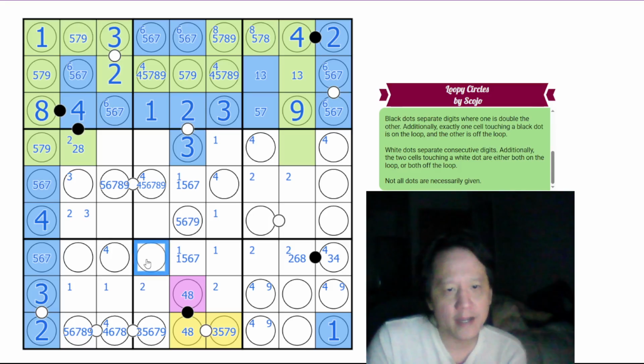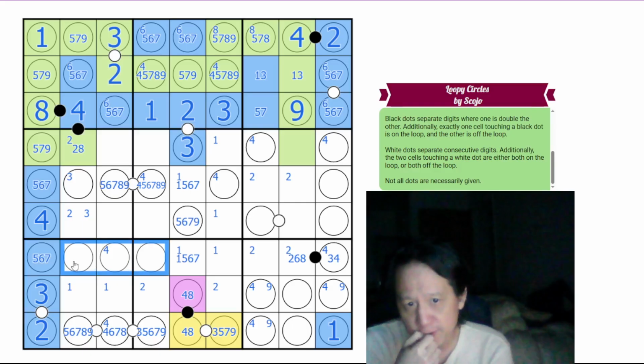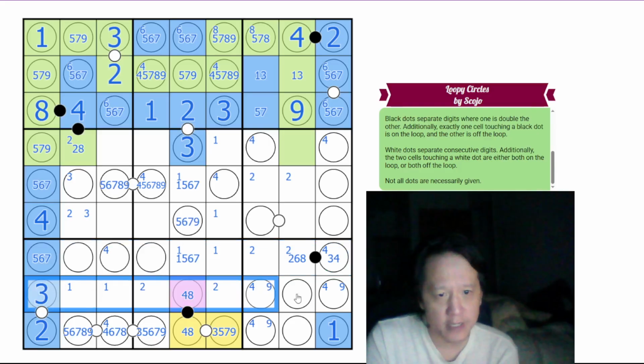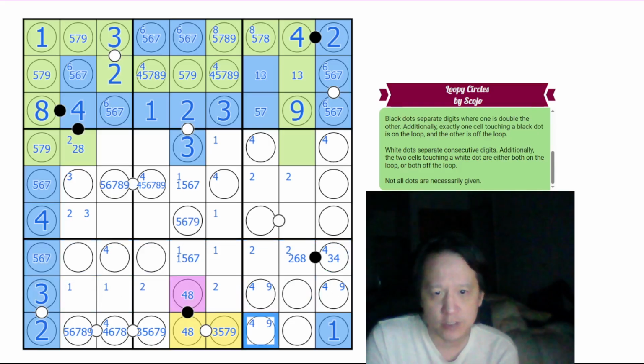So 9 has to be one of these 3 cells here, and therefore it's on the loop, because there's no other place for it in row 7. Oh, where is 9 in row 8? It has to be one of these 2 digits, so this cannot be a 9 here.